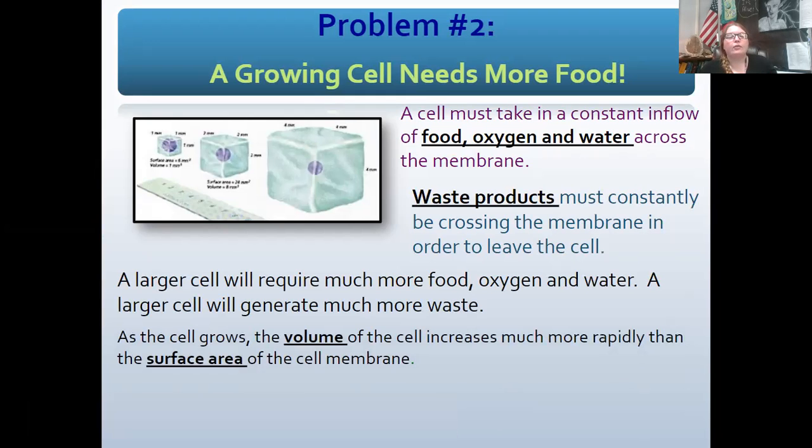So as the cell grows, the volume, the amount of stuff inside of it, increases far faster than the surface area, or the outer area available to do diffusion. So what happens, we see in this picture, right? It's a little hard to see, but if a cell is 1 nanometer on each side, its surface area is 6 nanometers squared, but its volume is only 1 cubic millimeter.